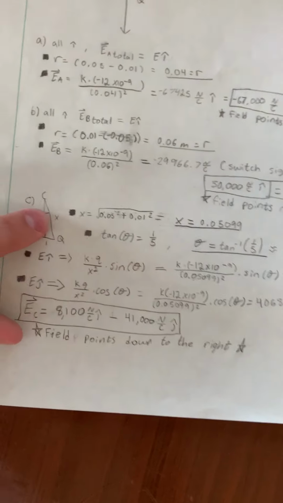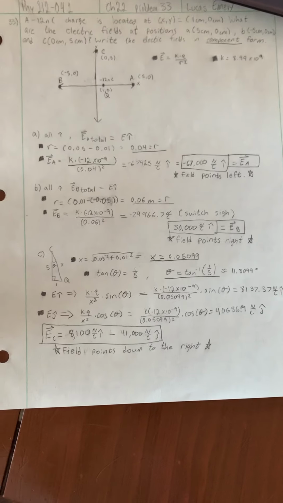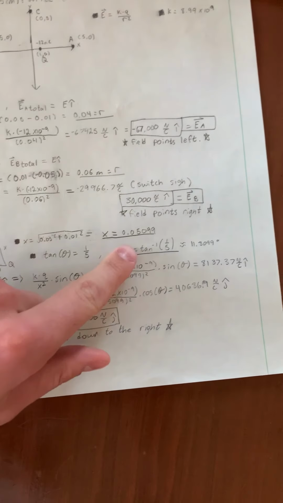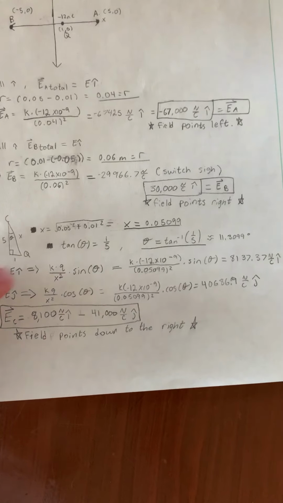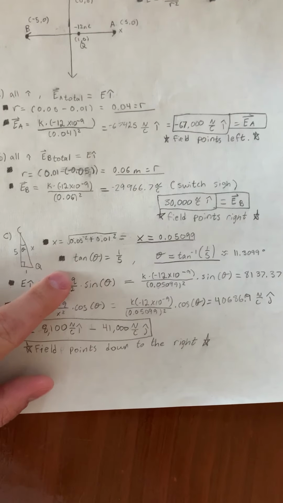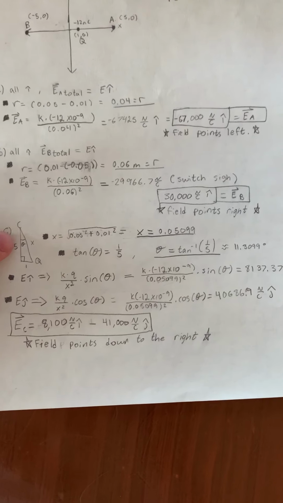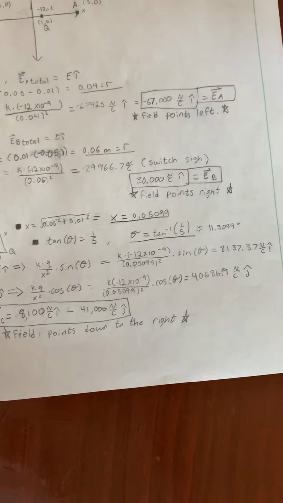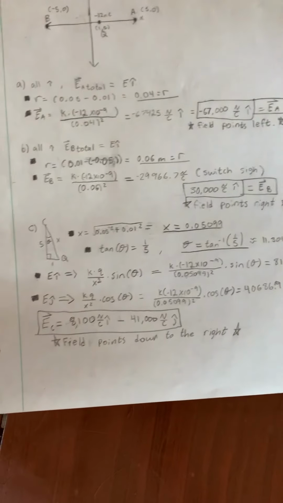So x, the hypotenuse, using the Pythagorean theorem, is almost 0.06 meters. And we can find the theta using tangent of theta equals 1/5, SOHCAHTOA. The angle comes up to be about 11.3 degrees.